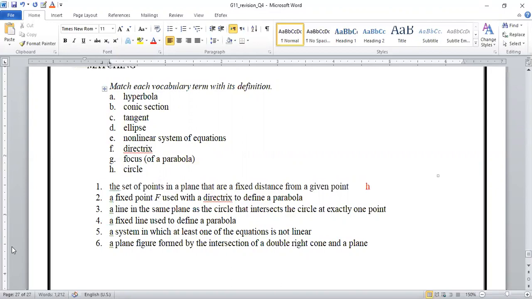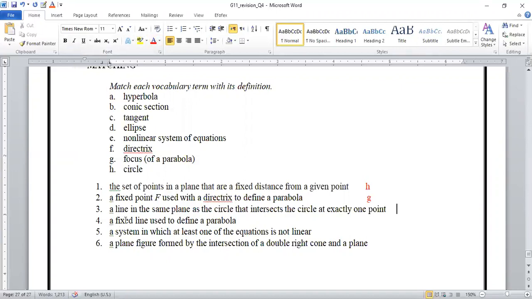Number 2. A fixed point used with a directrix to define a parabola is a focus. Focus, number G. Number 3.